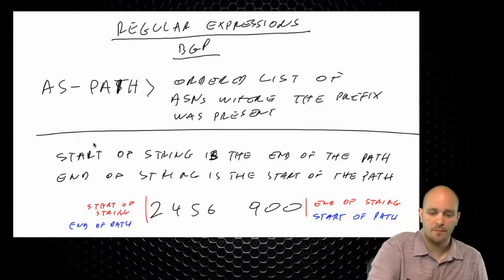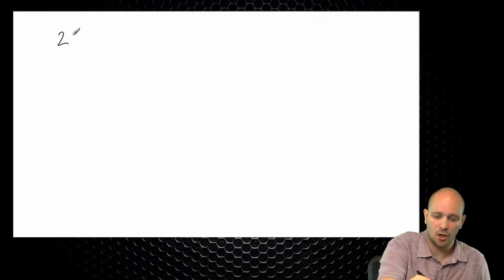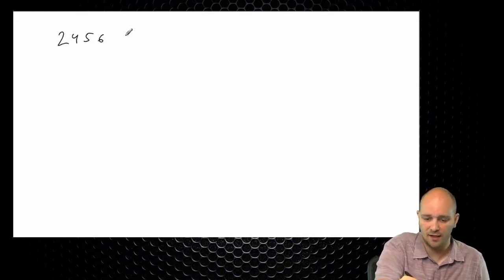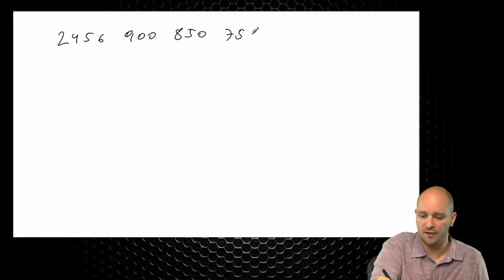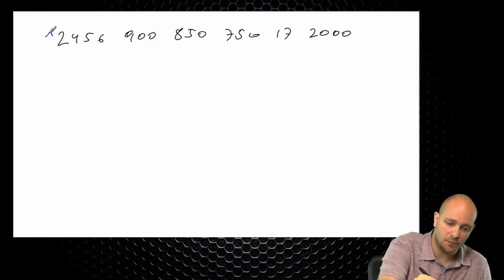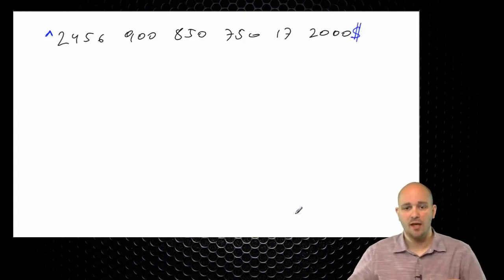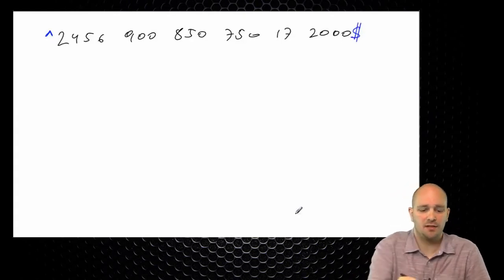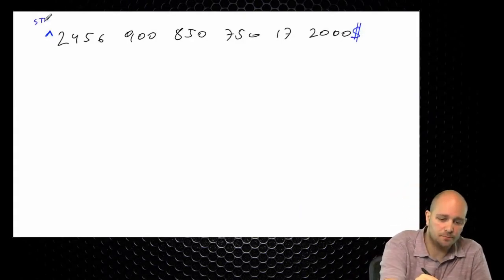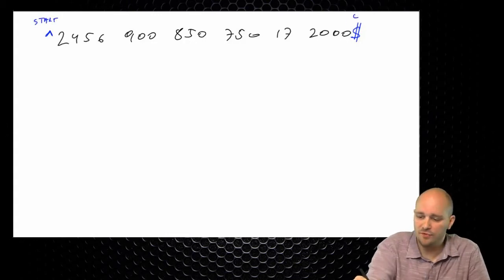In other words, when we have the AS path string, let's say 2, 4, 5, 6, let's say we had 900, and let's say we had 850, 750, 17, 2000, or something like this. This here and this here are going to be regular expression markers that mark start of string and end of string.